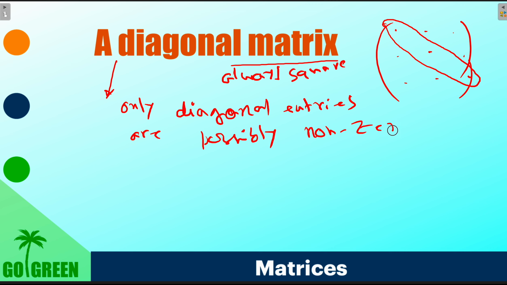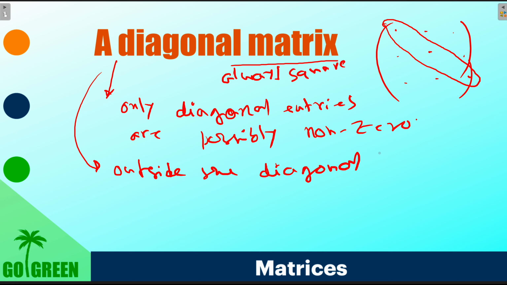Which means what? In other words, outside the diagonal, all entries must be zero.